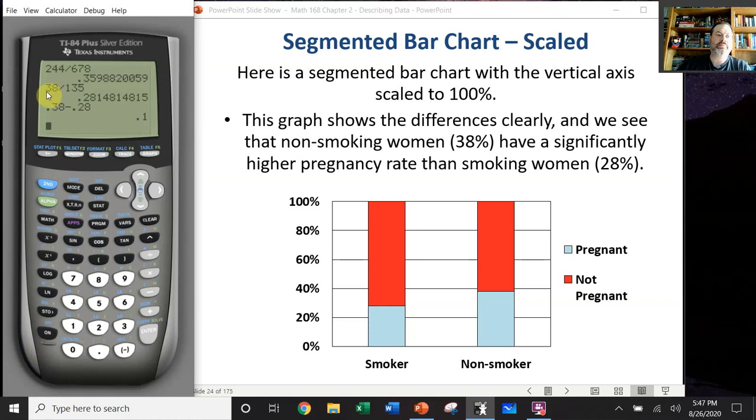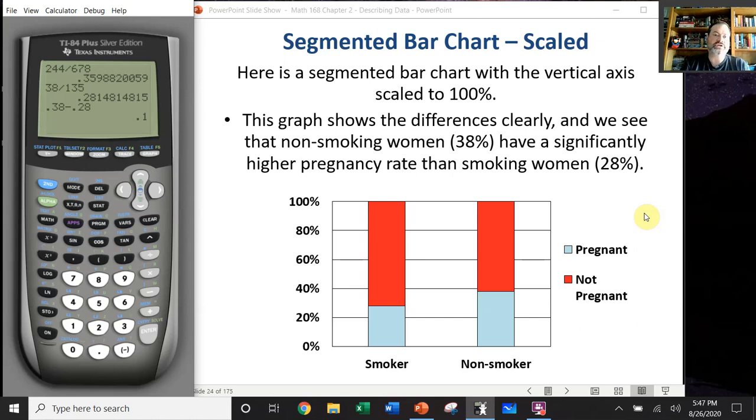And look here, the proportions 0.38 and 0.28 are exactly what's shown in the graph. So here we can clearly see the difference. Non-smoking women got pregnant at a higher rate, and it's a significantly higher rate. We can see the difference in the two graphs.